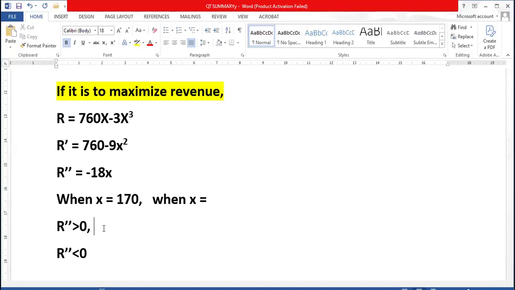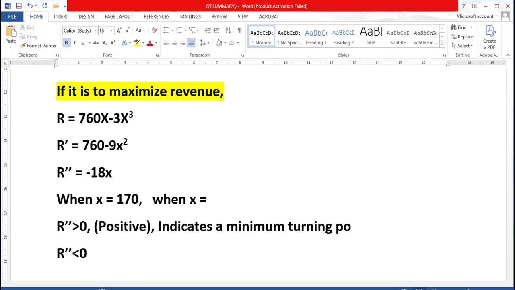If you have a positive figure on the second derivative, then this indicates a minimum turning point. So if you are to minimize cost, you go with that value of x that has given you a positive figure.